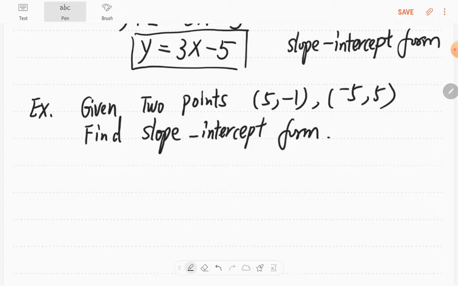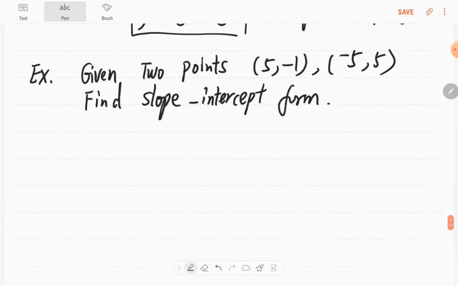The point-slope form still needs a point and a slope. For the point, we have 2 points, so we just pick an arbitrary one. What about the slope? Since we have 2 points, we can always use the formula to find the slope. The slope is (y2 minus y1) over (x2 minus x1).